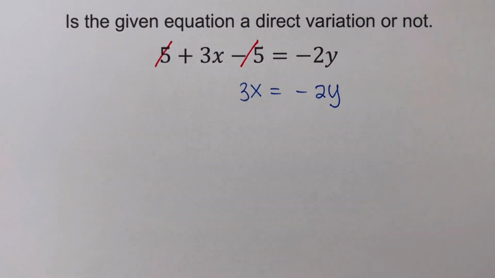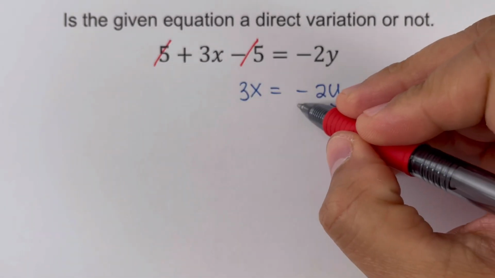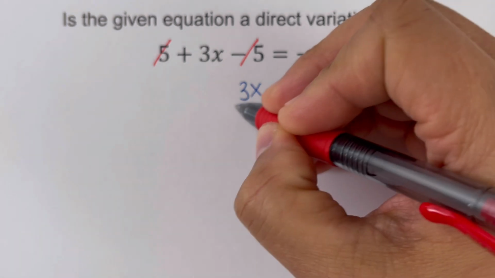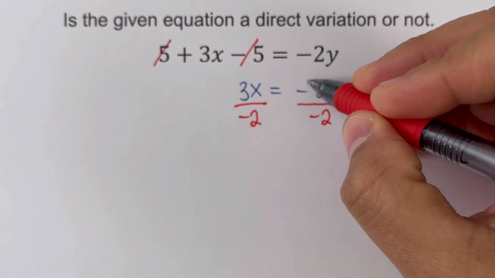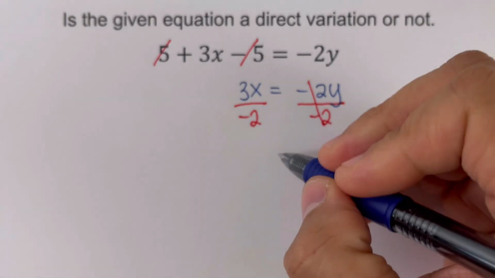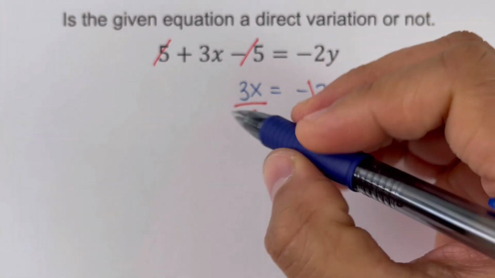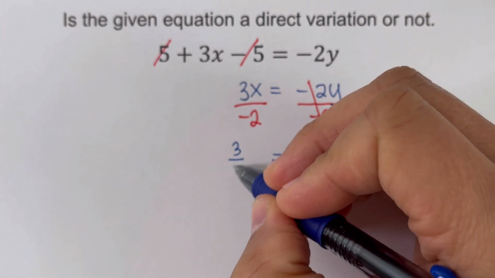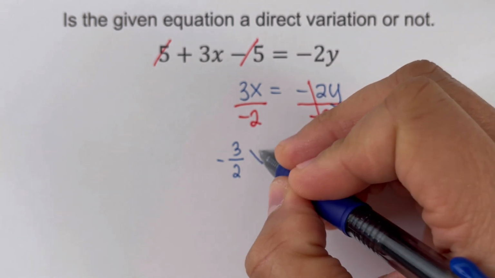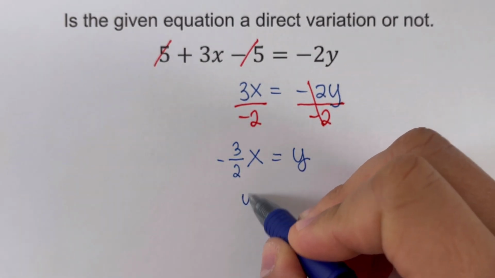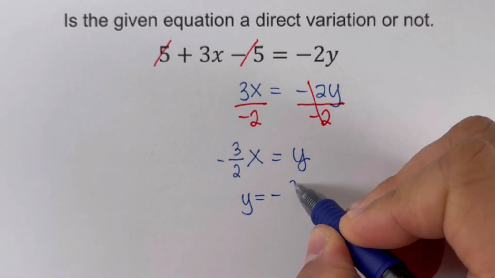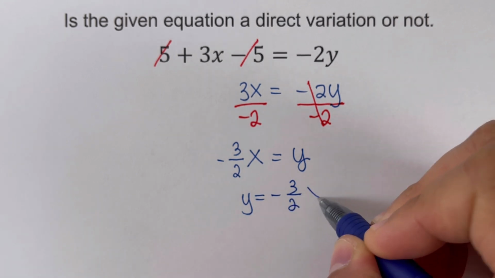We want y by itself, so we can divide both sides by negative 2. Divide this by negative 2, so we can cross the negative 2 out. We're left with y equals 3 over 2, that's a negative x. Or we can rewrite this as y equals negative 3 halves x.